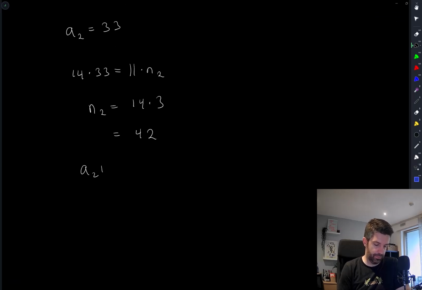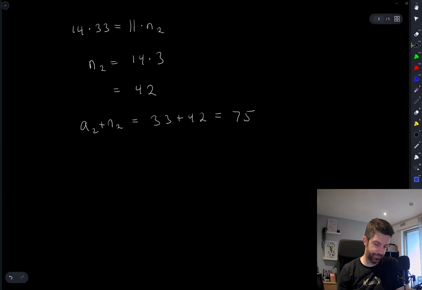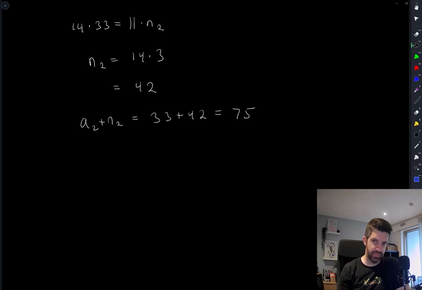So A2 plus N2 is then 33 plus 42, which is 75. So then the number of people before, A1 plus N1 plus 50 is equal to 75. A1 plus N1 is equal to 25.